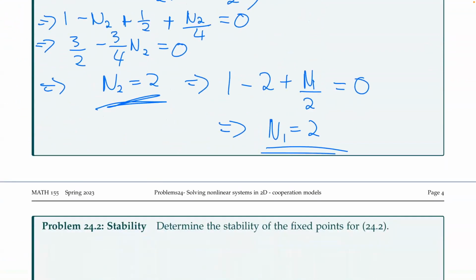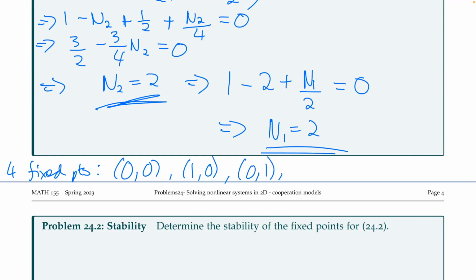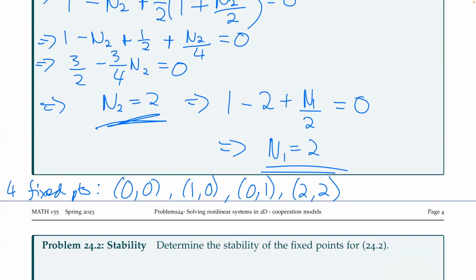So this means that we have 4 equilibria, or 4 fixed points: 0, 0; 1, 0; 0, 1; and 2, 2. You might see 0, 0 referred to as a trivial equilibrium.